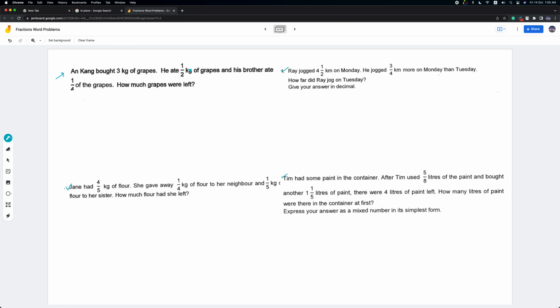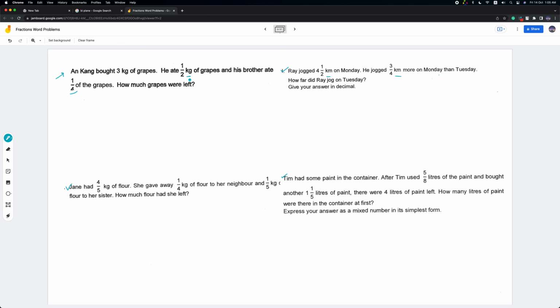What's the difference between this question and the rest of the questions that we have done? Basically, for this one, we have a fraction with a unit and another without units, compared to the previous ones, where both fractions come with units.